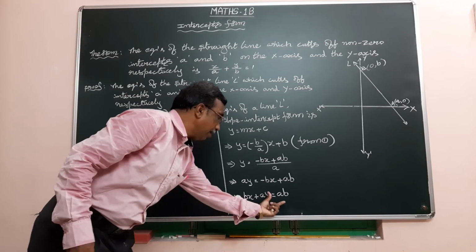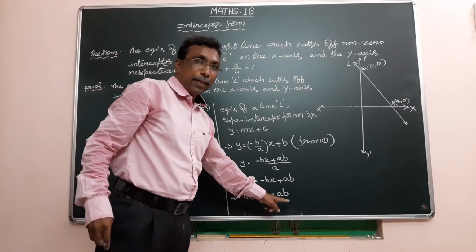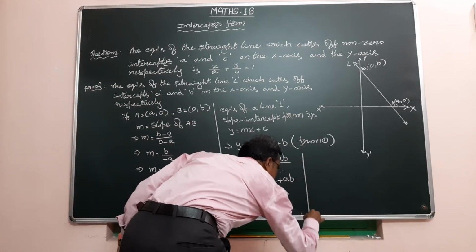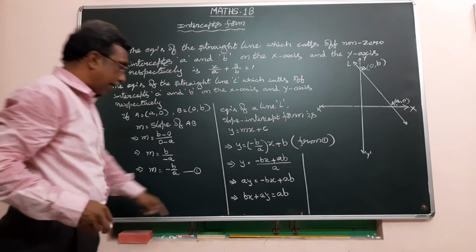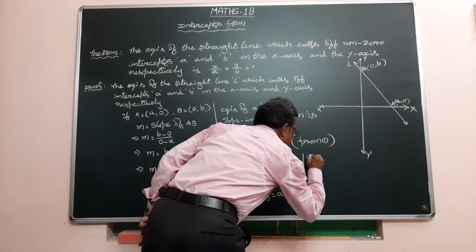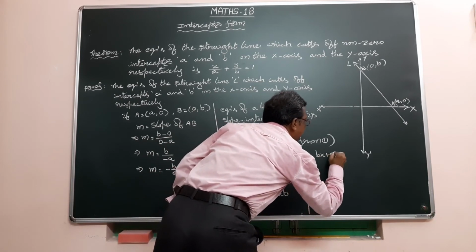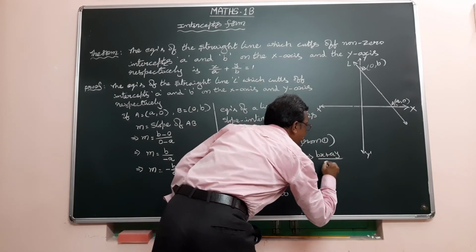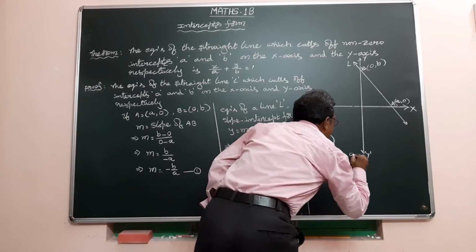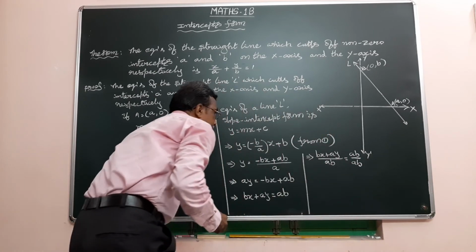This equation, dividing by ab on both sides. That implies bx plus ay by ab equal to ab by ab.